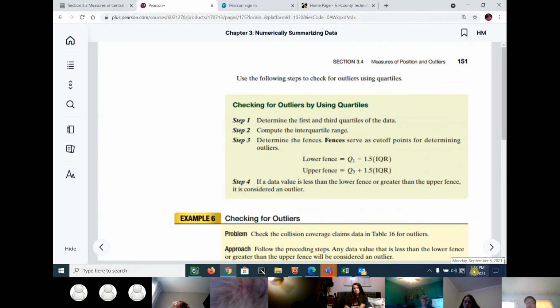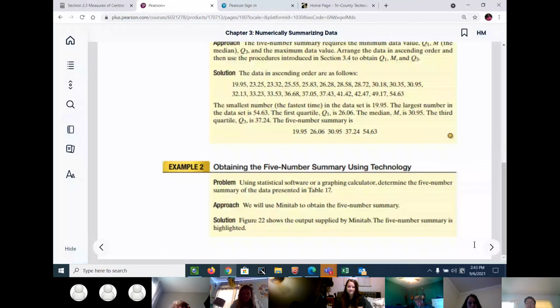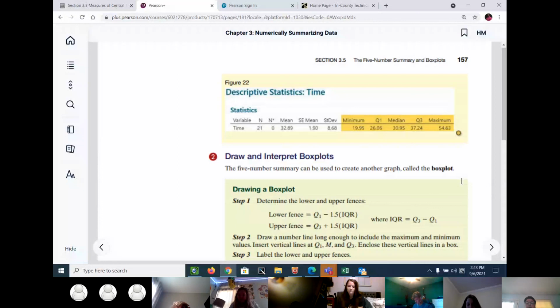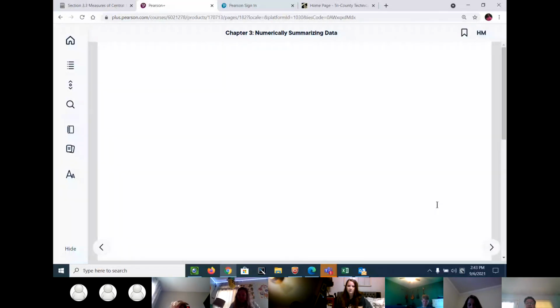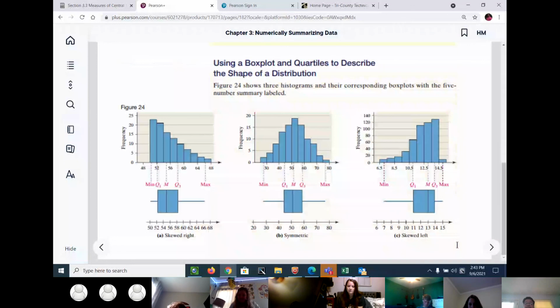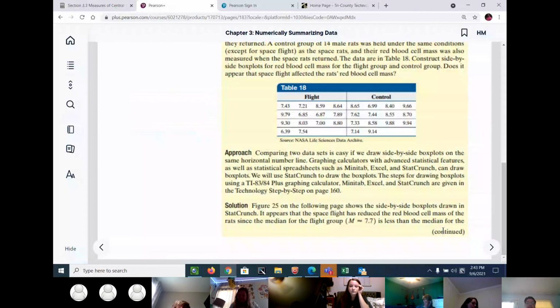Maybe 3.5 then. Let me just keep going until I get there. I'm thinking it's 3.3 now. Yep.